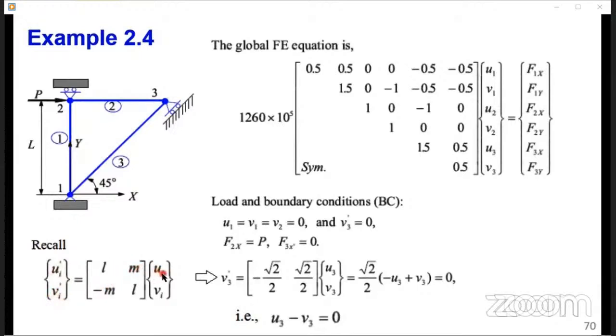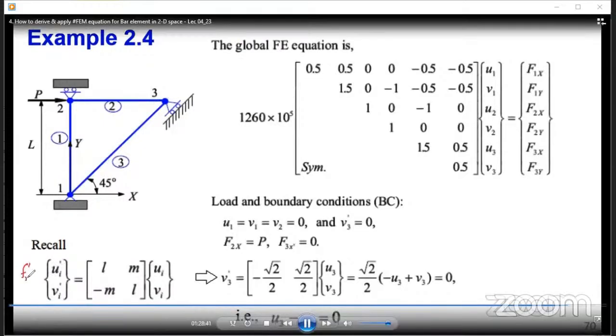U represents the x direction, V is the y direction. So in short, this would be F prime in the x direction, node 3. This will be F prime in the y direction, node 3. This will be F now in the global coordinate system, in the x direction, node 3.